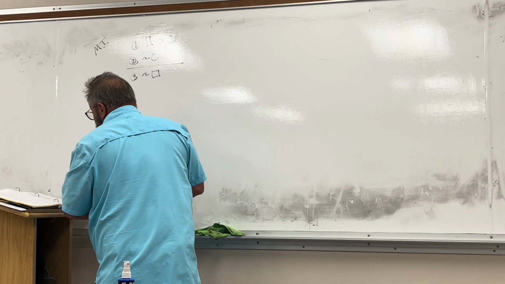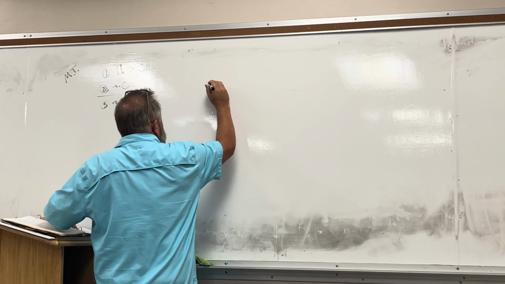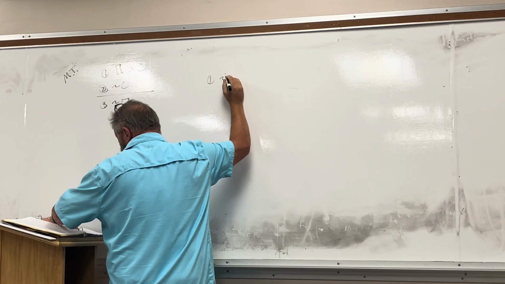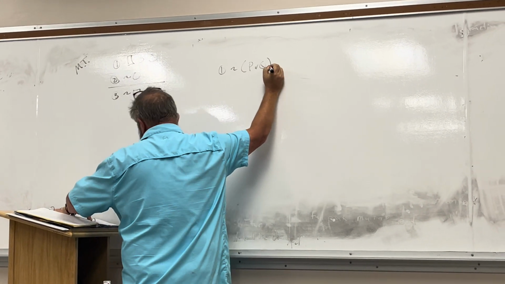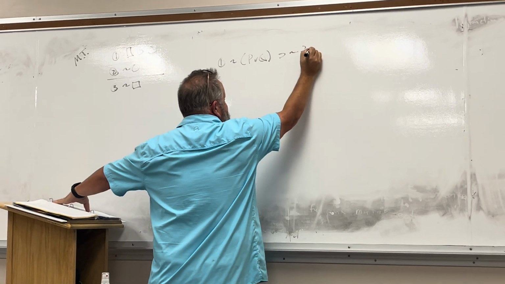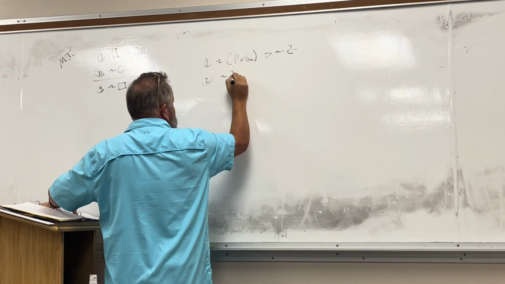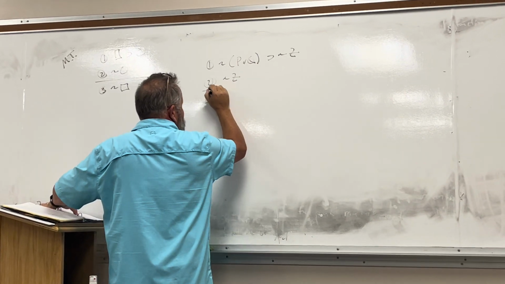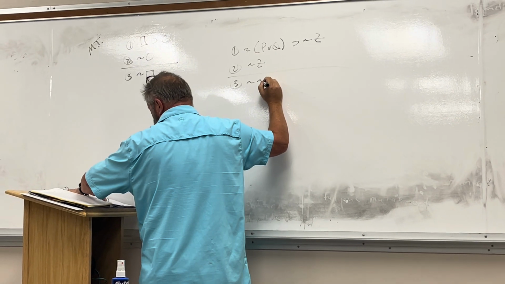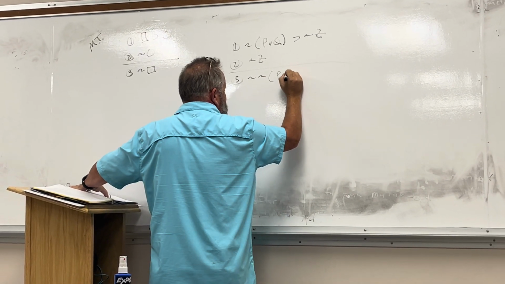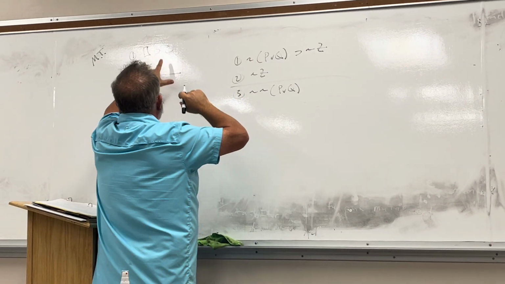Okay, D says not P or Q, then not Z, and 2 says not Z, and 3 says not P or Q. Okay. I need a conditional.